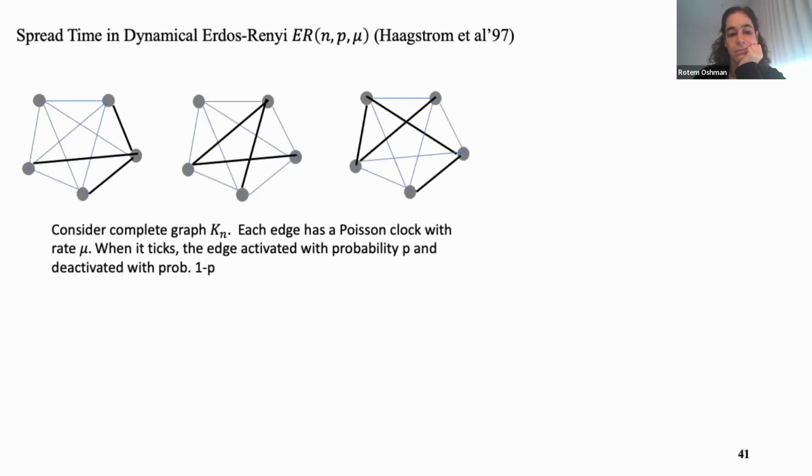When the edge clock rings, the edge chooses to be activated or deactivated with probability p and 1 minus p respectively. Therefore, this is a dynamically evolving network where the changes occur in continuous time. This model is consistent with the asynchronous rumour spreading model.